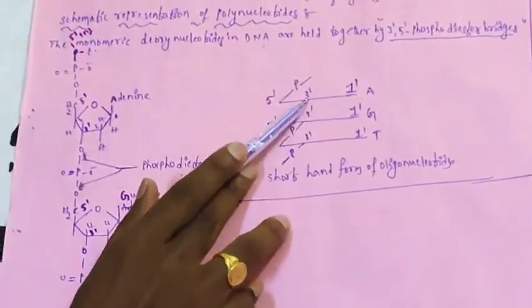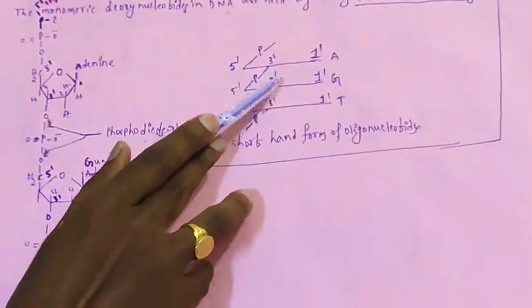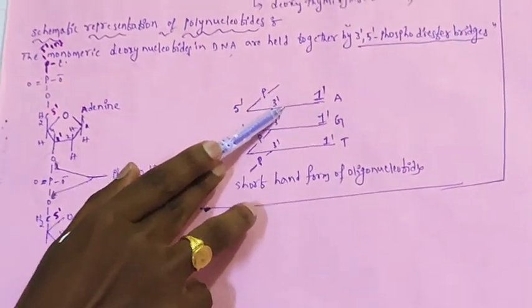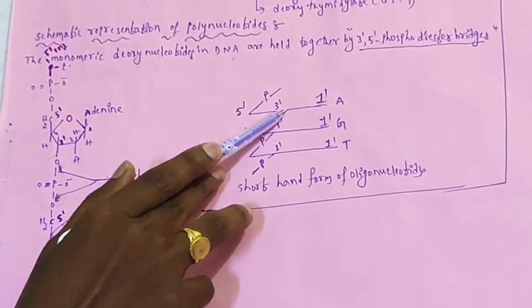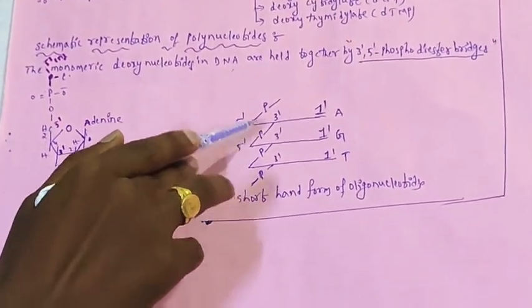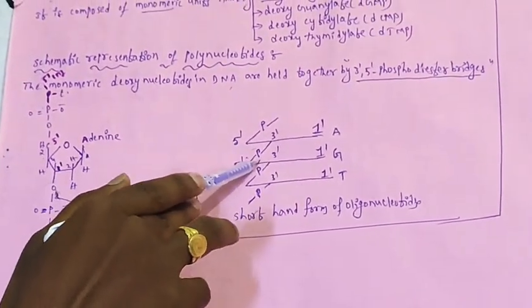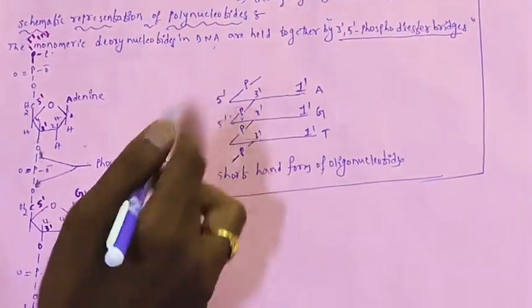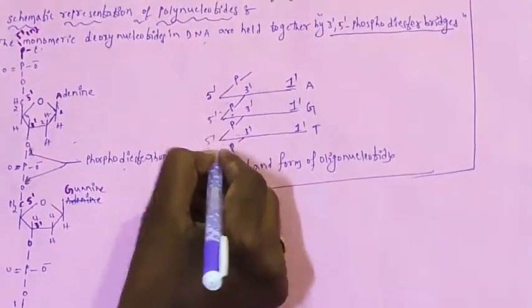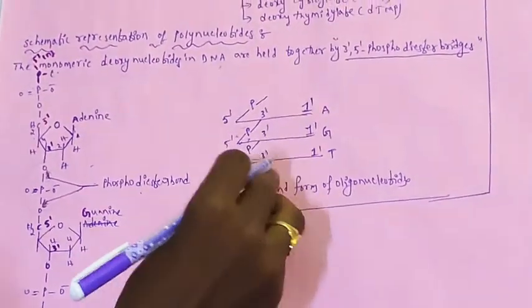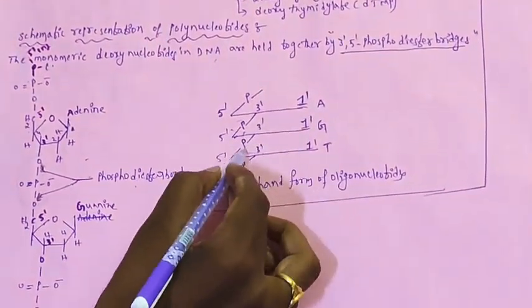The third carbon of the deoxyribose sugar in this nucleotide is connected with the fifth carbon of deoxyribose present in another nucleotide through the phosphate. It is like that only. Here also the third carbon is connected with the fifth carbon of deoxyribose present in another nucleotide through phosphate bridges.